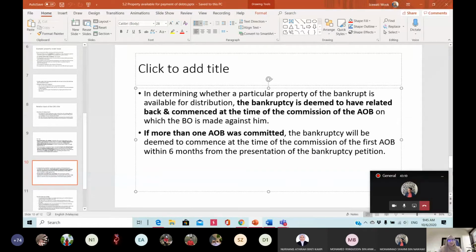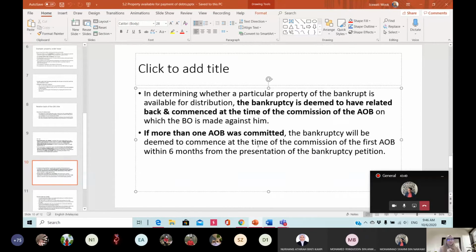So it means any property he had at that time, before the 6-month period when the act of bankruptcy was committed, those properties will belong to the DJI as well. Okay, so if more than one AOB was committed, the bankruptcy will be deemed to commence at the time of the commission of the first AOB within 6 months from the presentation of the bankruptcy petition. So this is the explanation to section 47.